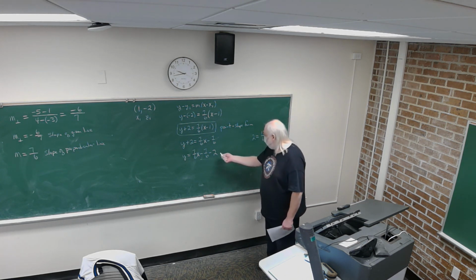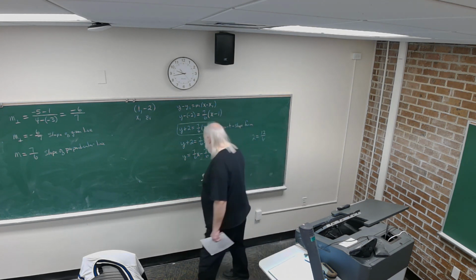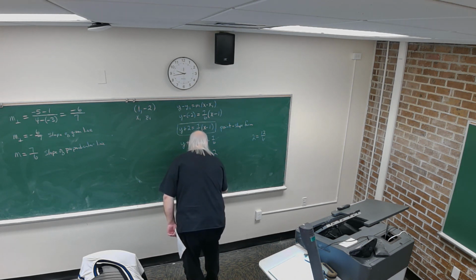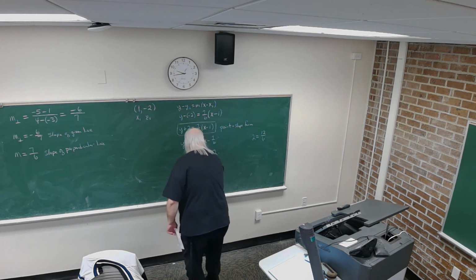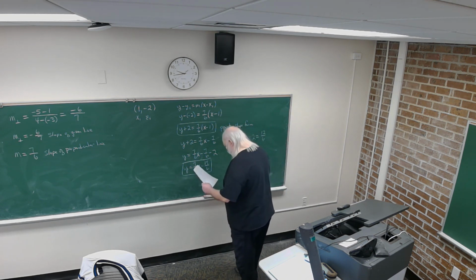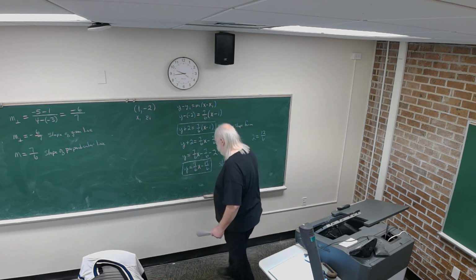So subtracting 12/6 from 7/6 is minus 19/6. So y is equal to 7/6 x minus 19/6. That is the equation of the perpendicular line in slope intercept form.